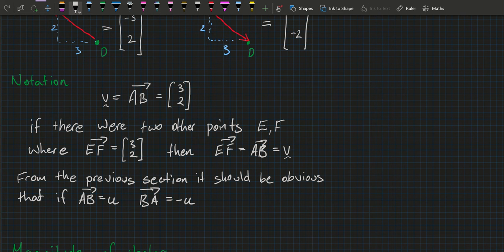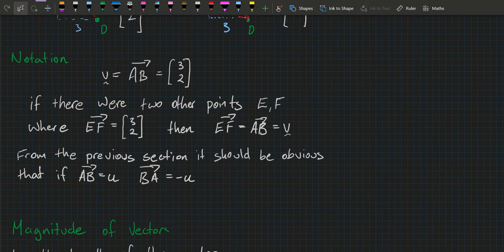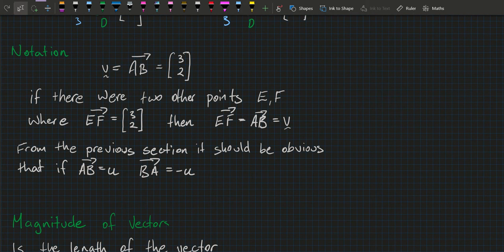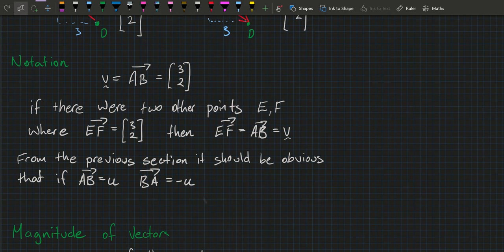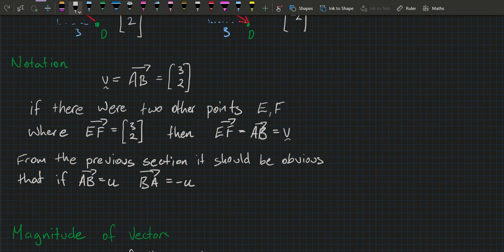So basically, that's back to the initial thing where they're the same: we're just concerned about how much this vector moves and in what direction, and when we put them into these columns, it's just using the axes or components that we're talking about. And also, it should be obvious that if AB was equal to u, then BA is equal to minus u.